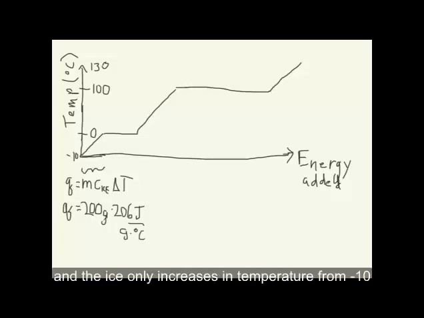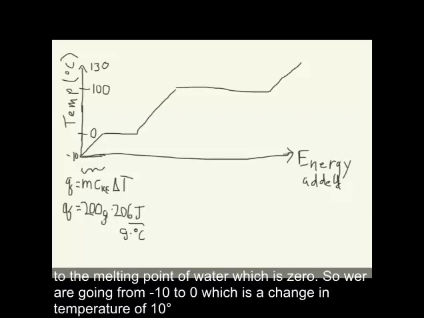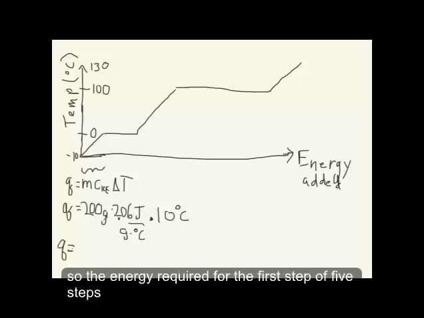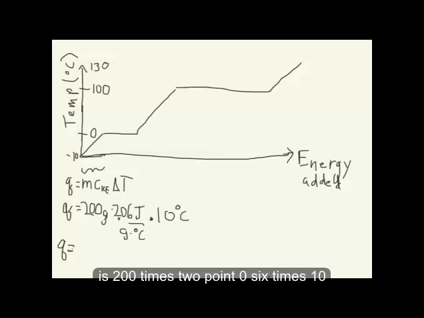And the ice only increases in temperature from -10 to the melting point of water, which is 0. So we're going from -10 to 0, which is a change in temperature of 10 degrees. So the energy required for the first step of 5 is 200 times 2.06 times 10, which is 4,120.